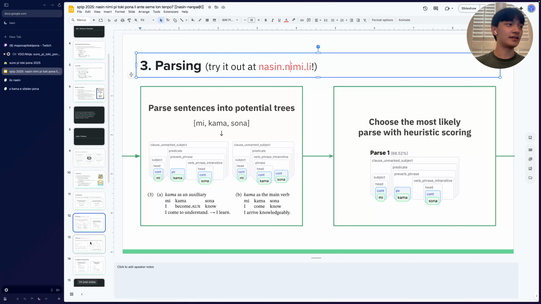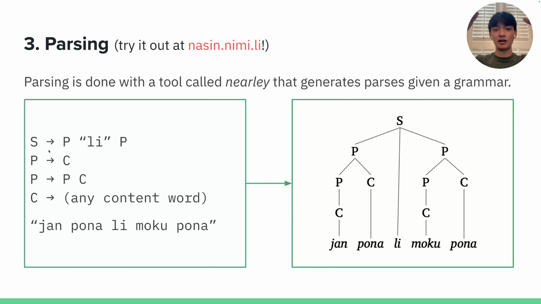The way this parser works, I think, is pretty cool. I define a few sets of rules of how the language works. This is a super simplified version where S is a sentence. Let's say that a sentence is composed of a phrase that's followed by li, that's followed by another phrase. And what's a phrase? Well, a phrase can either just be a lone content word, or it can be some phrase that's followed by a content word, which is like a modification. If we apply this little grammar to this sentence, jan pona li moku pona, it generates this tree over here.